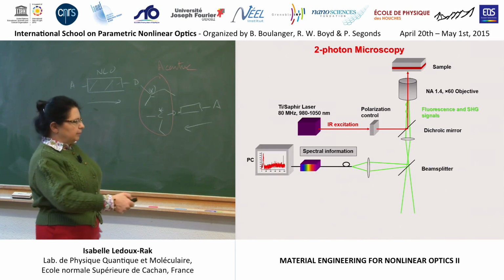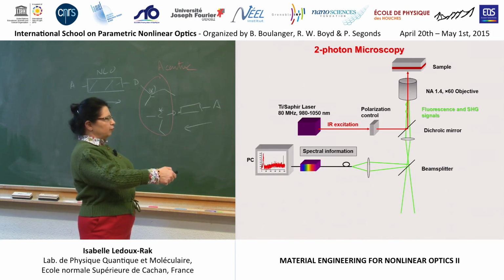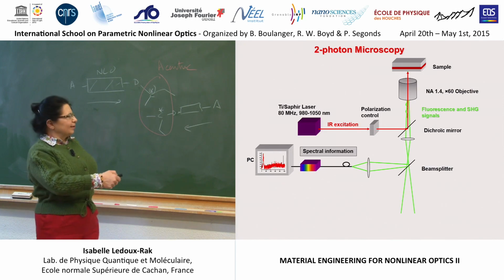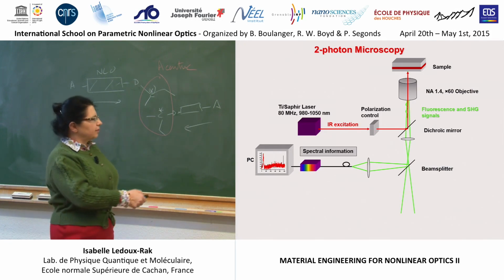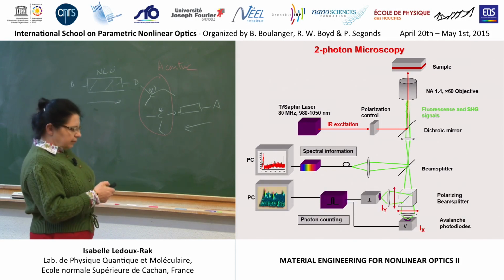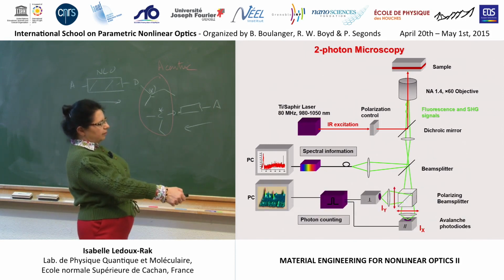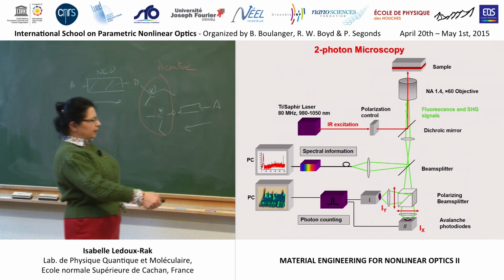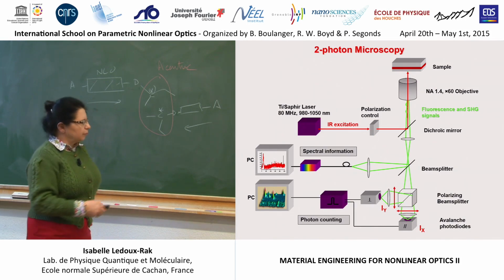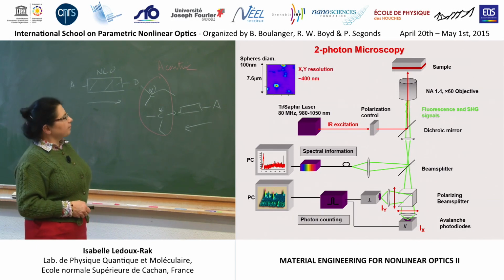And we can make a spectral analysis in order to make sure that we have a narrow band second harmonic signal instead of a wide band fluorescent signal. And there is polarization analysis using a polarizing beam splitter to analyze the polarization of the signal.